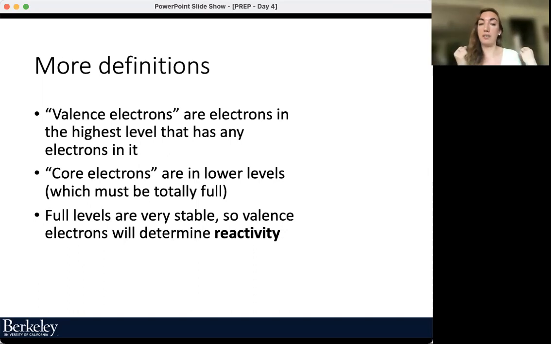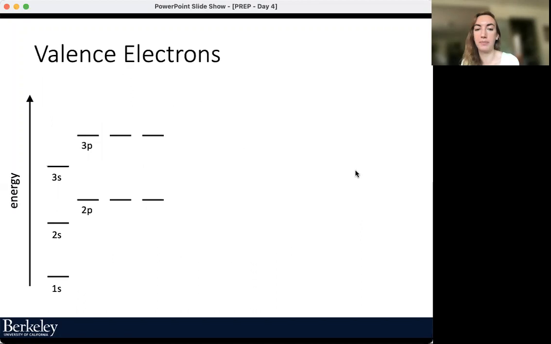Or you can think of it this way, like I've put on this slide: full shells are really stable, and the valence shell is the one that's maybe not full. So it's the one that's easiest to take electrons out of and put more electrons in and interact with. I'll show you an example in a minute.